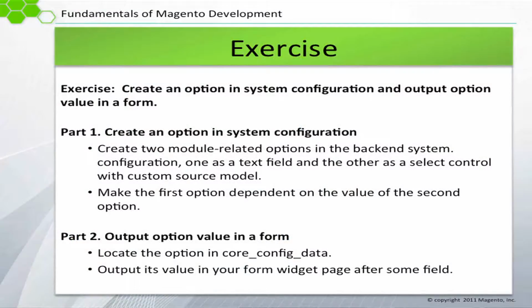Well, we'll be doing this in just a second. So, create an option in the system configuration and output the option value in a form. Well, okay. That's what system XML does. So, create an option in system configuration. And this second part will be taken care of in the next lesson.